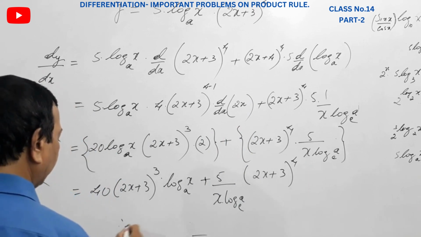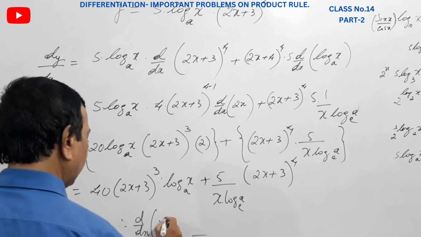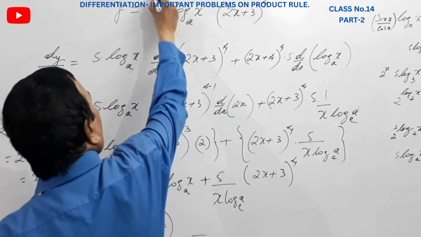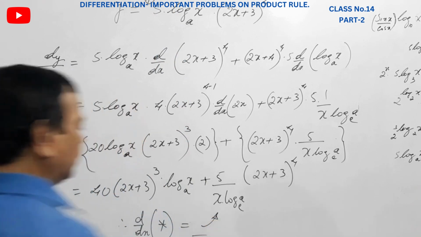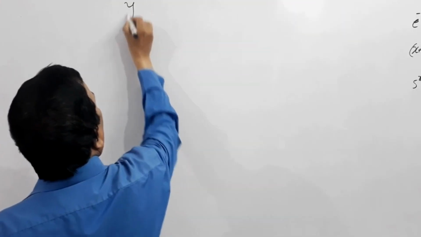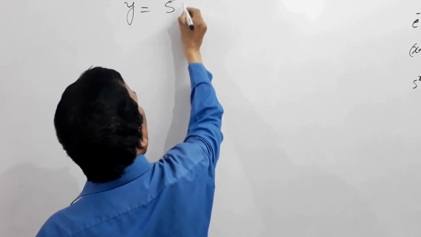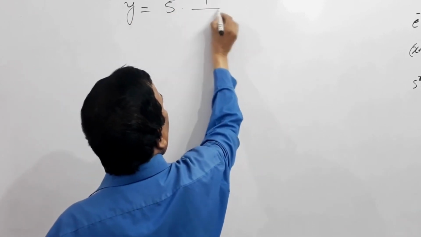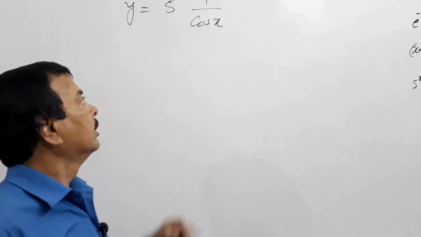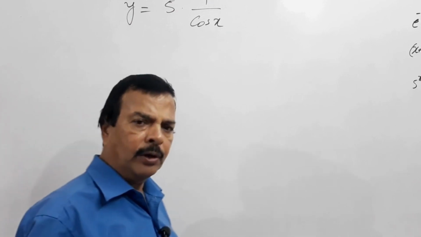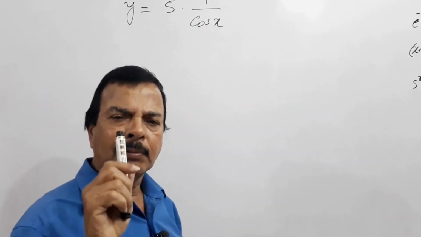Therefore, d by dx of this problem equals to, and this is the answer. So y equals 5 to the power of x into 1 by cos x. So here, if you notice, this problem is very simple but a little misleading.